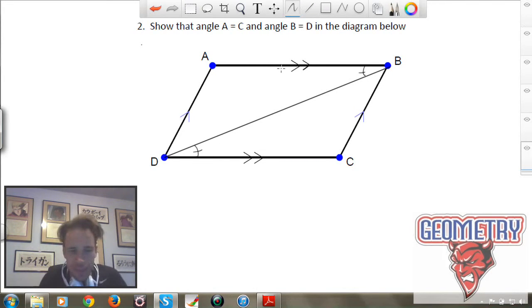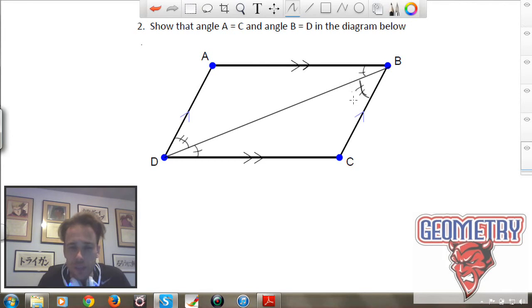Now if we turn it kind of 90 degrees, we notice that DB is also a transversal that passes through the parallel lines AD and BC, creating these alternate interior angles as well. Now I don't know what the exact measures of these angles are, but I do know that these two are the same, ABD and CDB, and I know that these two are the same, ADB and CBD.